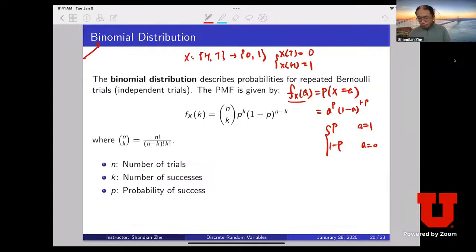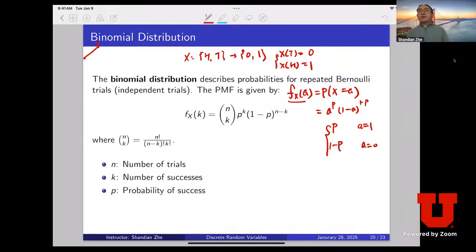So binomial distribution talks about, suppose you are doing a Bernoulli trial multiple times, and each Bernoulli trial is independent of the others. I flip the coin 10 times, but every time I flip a coin is totally independent of other trials, right? The result of my flipping this time has nothing to do with other trials.